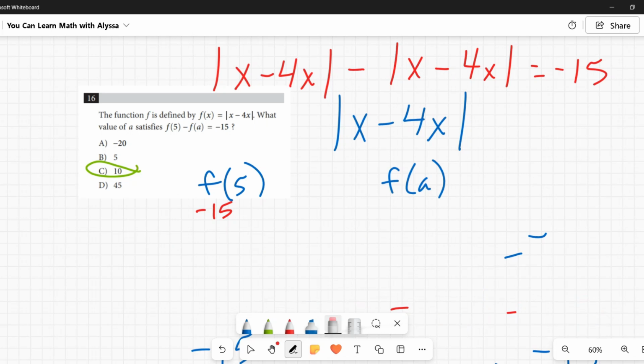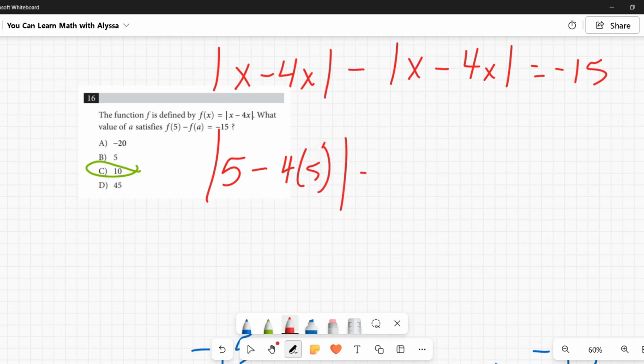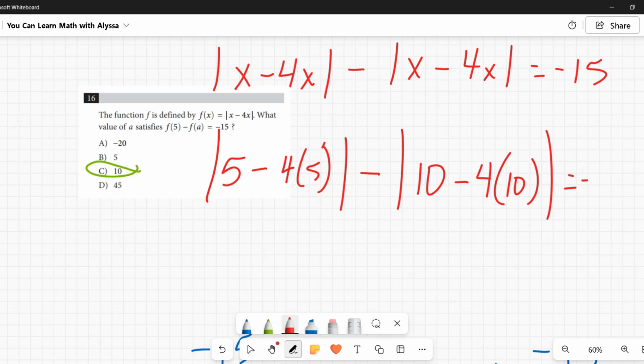So if I have that, those are my two equations. First one I plug in 5, so 5 minus 4 times 5, and I've said it could be 10, so 10 minus 4 times 10. There's my a. Does that equal negative 15? 4 times 5 is 20. 5 minus 20 is negative 15.